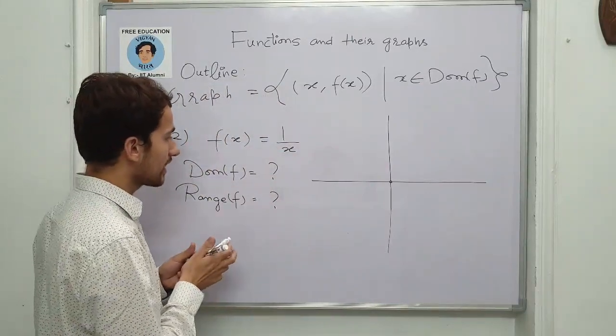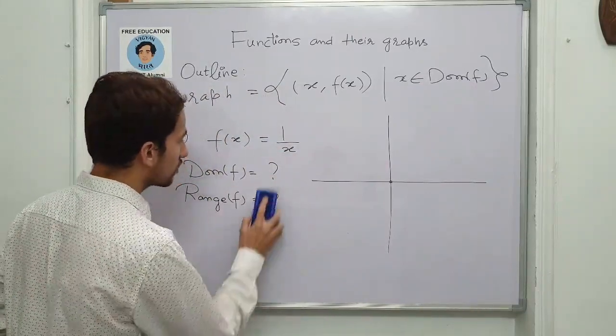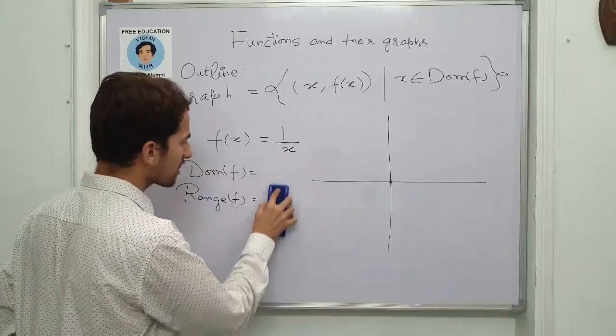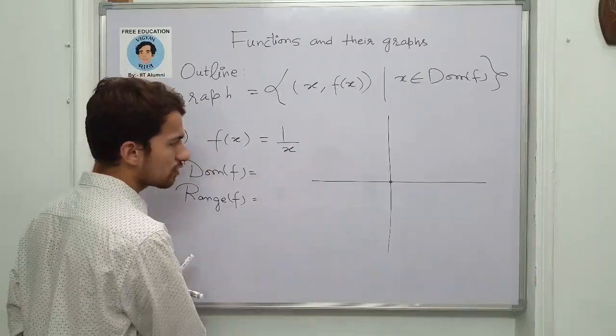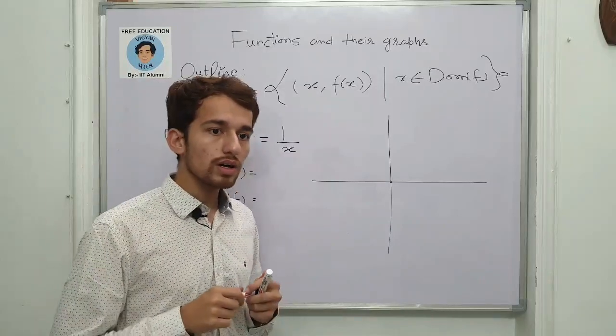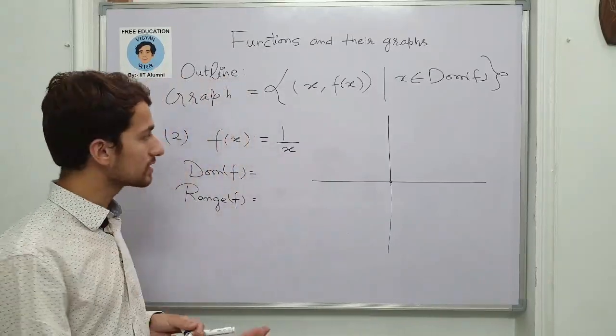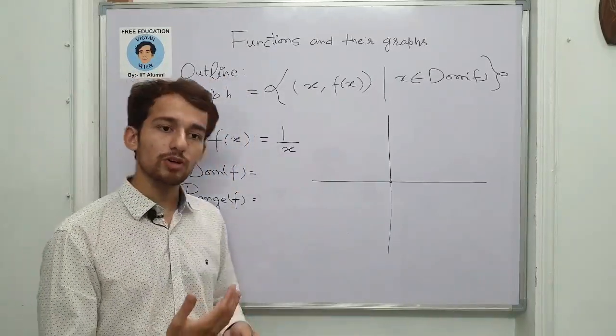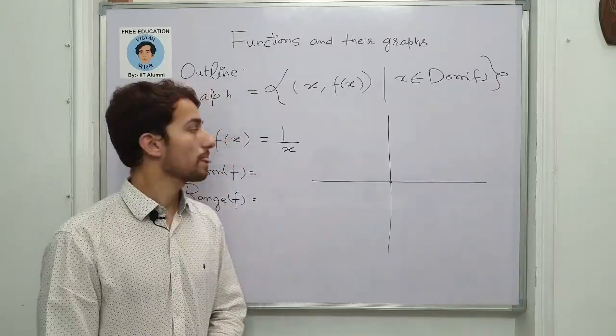So directly I can remove 0 from the domain. Whatever set I'll be getting, 0 will not be present. Now if you see, except 0, for all the other possible values, this function is defined.